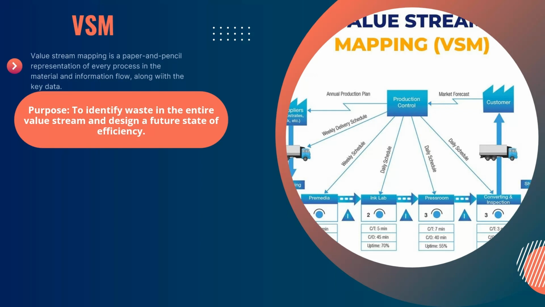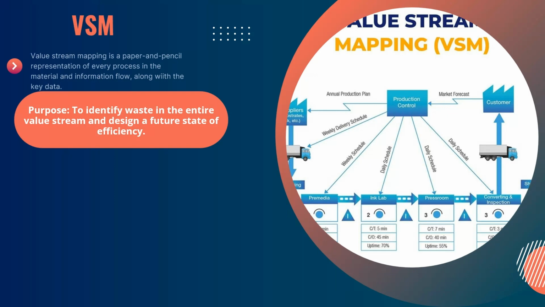So what is happening is the information is being transferred from the customer to the production control to the suppliers. Customer will tell how much goods are needed. Production control will allot the production order, and for that, raw material will be required.